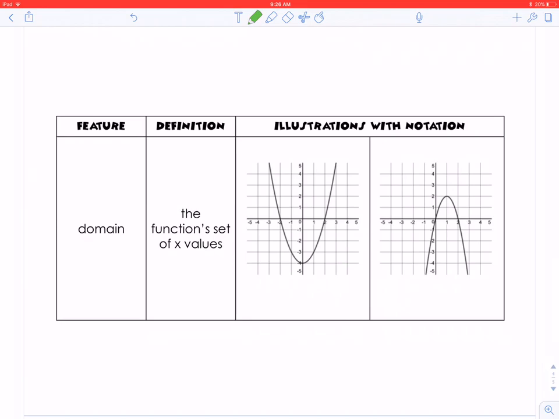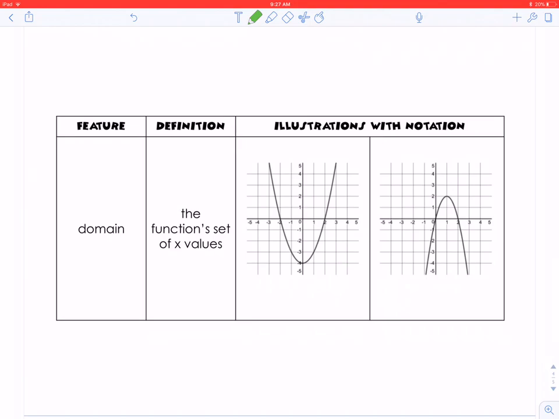Domain we've worked with before in Unit 1 when we were looking at a relation, trying to determine if it was a function or not. Looking at that set of ordered pairs, we may have just had a list. We could have had a mapping with arrows connecting x to y. We did look at graphs. We also looked at table of values.